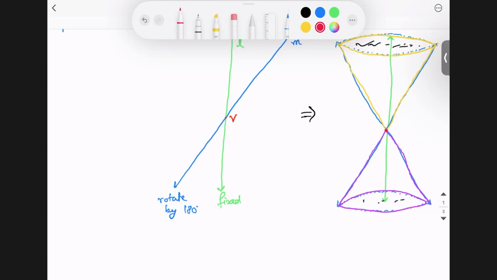Now understand one fact: suppose this is angle alpha. Then this is angle alpha, and this is also angle alpha.